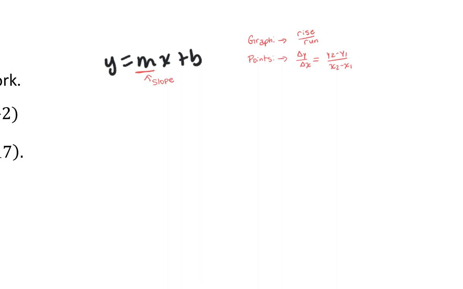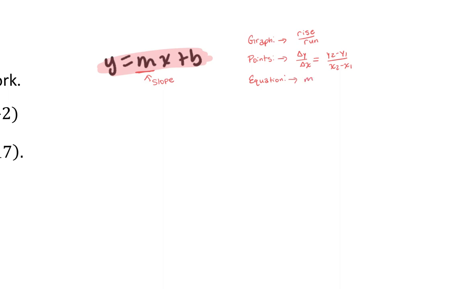And then if you're given an equation, you can move stuff around to get this form right here. And once you get that form right there, your slope is just the m.